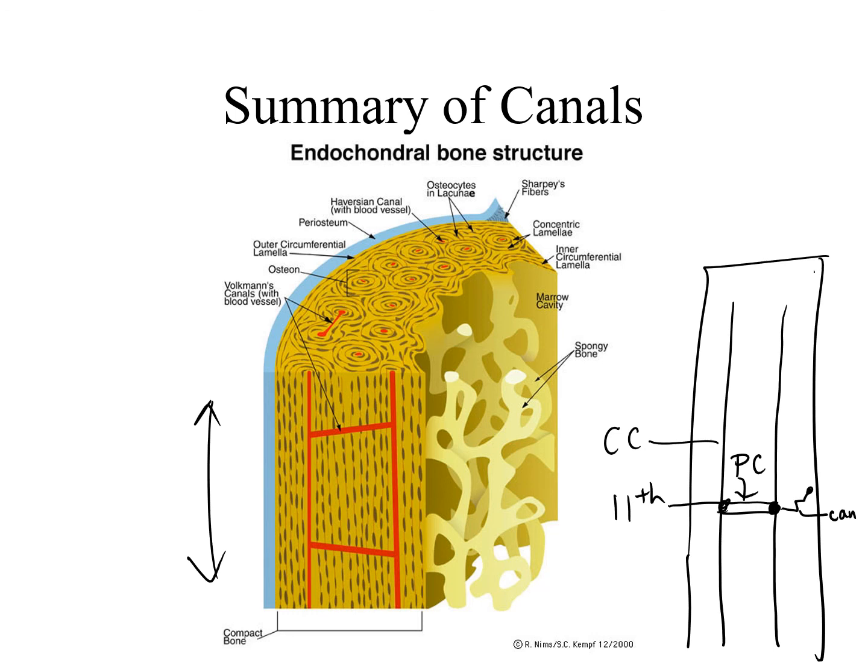So if you think of it like an elevator with major hallways and teeny tiny hallways, that will help you understand that central canals run vertical, and the horizontal canals are, of course, our Volkmann's canals, or sometimes called perforating canals. Okay, and if you want to take, say, the 11th floor, you travel over to your office space, you're going to do so by teeny tiny little hallways. Those are called canaliculi.